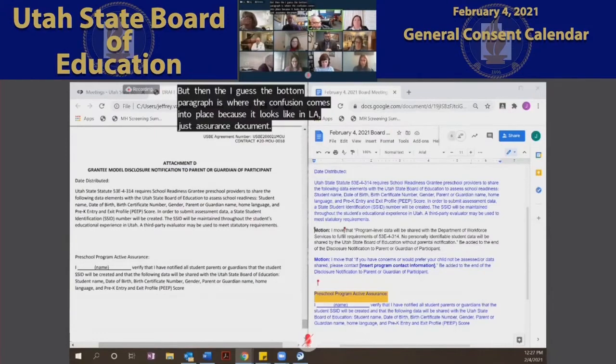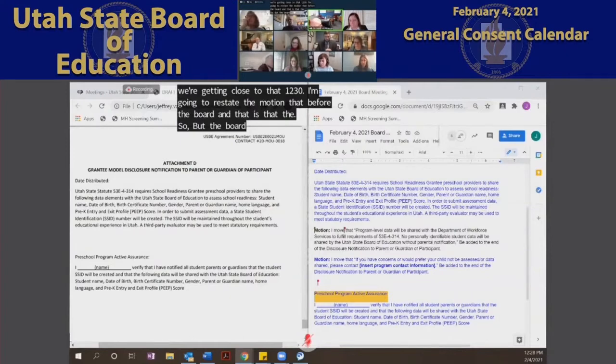And I understand there's several motions that might be made on this particular item, but we're getting close to that 12:30. I'm going to restate the motion that's before the board, and that is that the board, see, it says in here motion, I move that the program level data will be shared with the Department of Workforce Services to fulfill requirements of 53E-4-314.